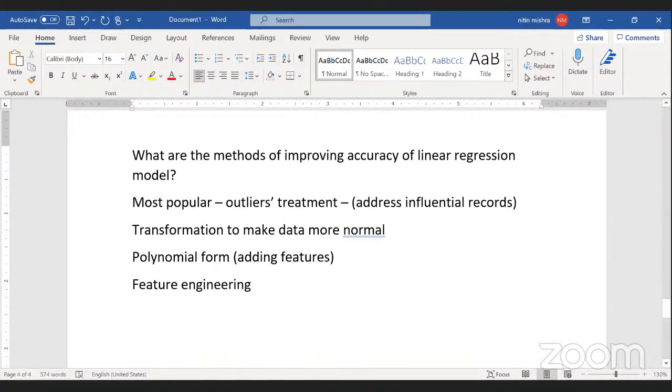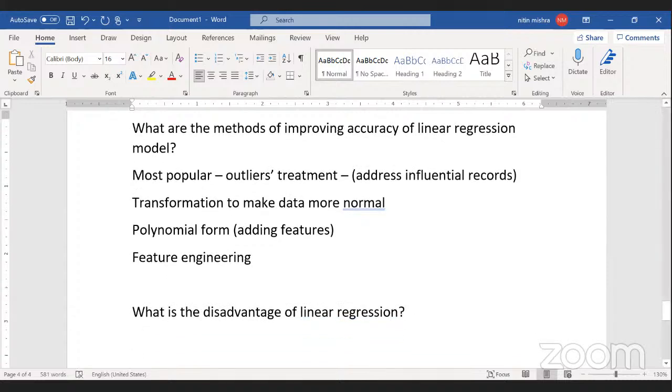So continuing the discussion, one more question. Linear regression does not work very well for non-normal data.